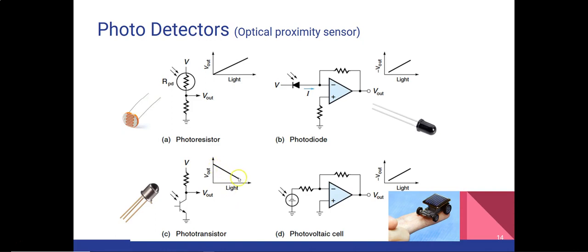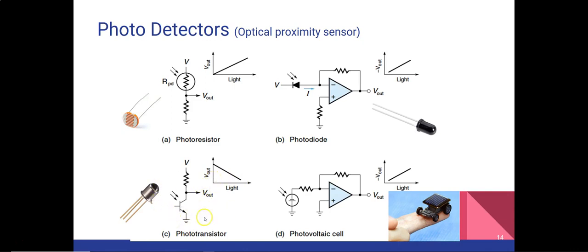If we look at this graph carefully, we understand that when the voltage is high, the light is very small, whereas when the light increases, the output voltage is going to be small.